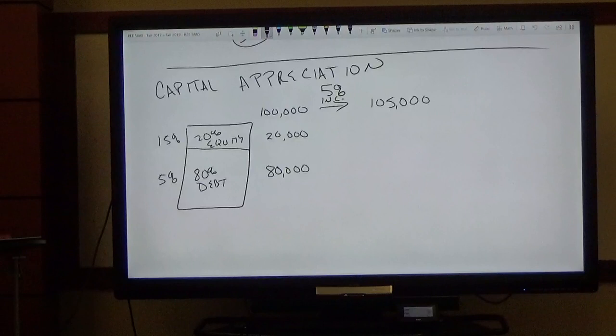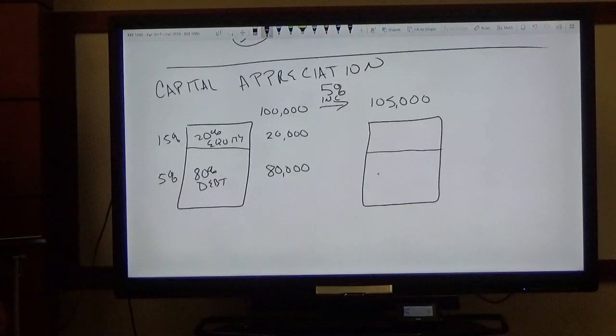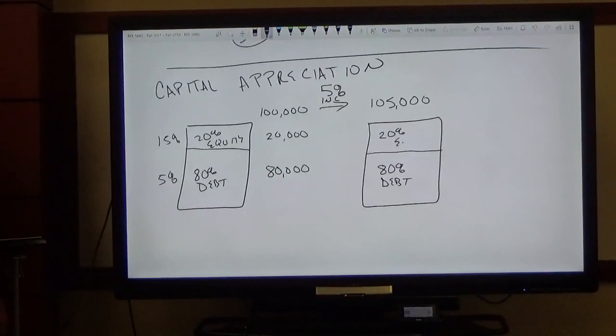Now, what does that do to our capital stack? Okay, well, in terms of our capital stack, we still are going to have this 80% debt. We're still going to have our 20% equity, which is still 20,000. This is still going to be, let's say, 80,000.